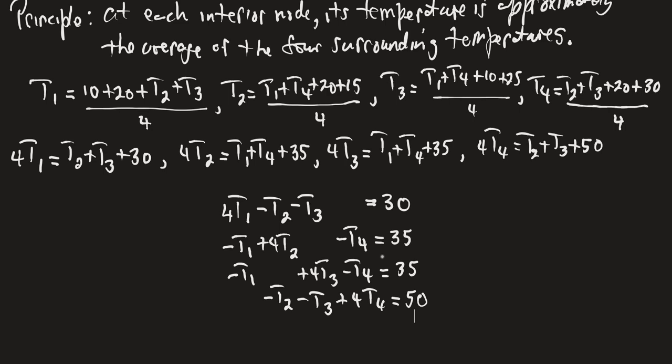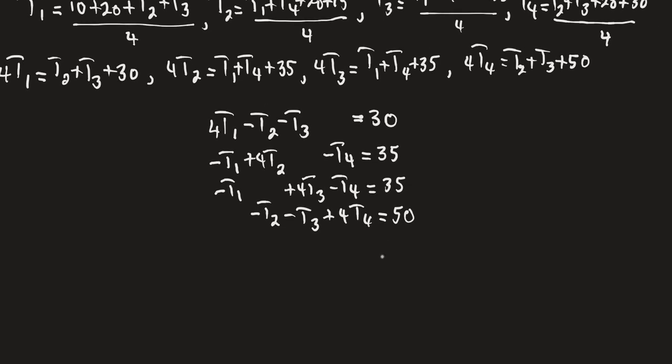And let's do our last step in creating this augmented system. And when you look at the system for these temperature approximation problems using this particular principle, there's such a nice pattern to it. The first row is 4, -1, -1, 0, and then we have our constant over there, 30. Then we have -1, 4, 0, -1 right there.